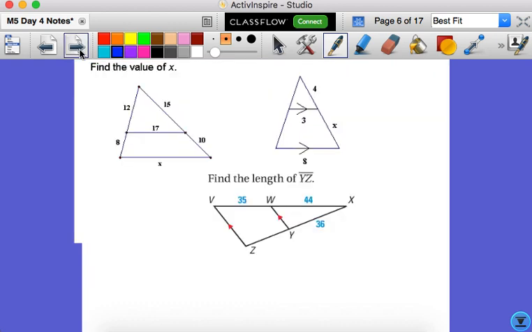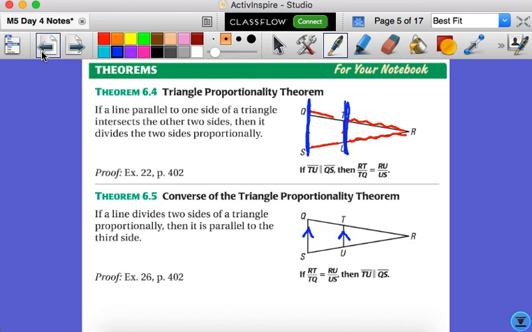So looking at this, notice whenever we set up these two proportions here, we were never talking about the parallel bases, meaning we were looking at this part is proportional to this part. Sorry about that, guys. And this part is proportional to this part. We never touched those parallel bases.